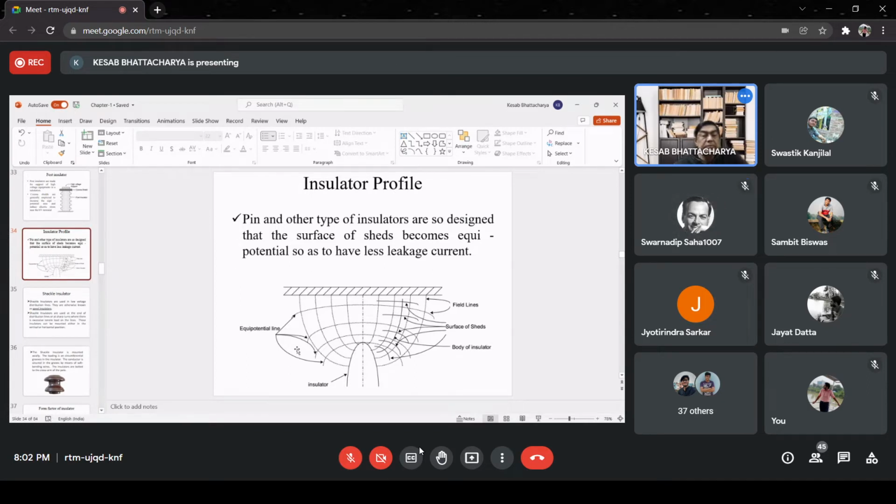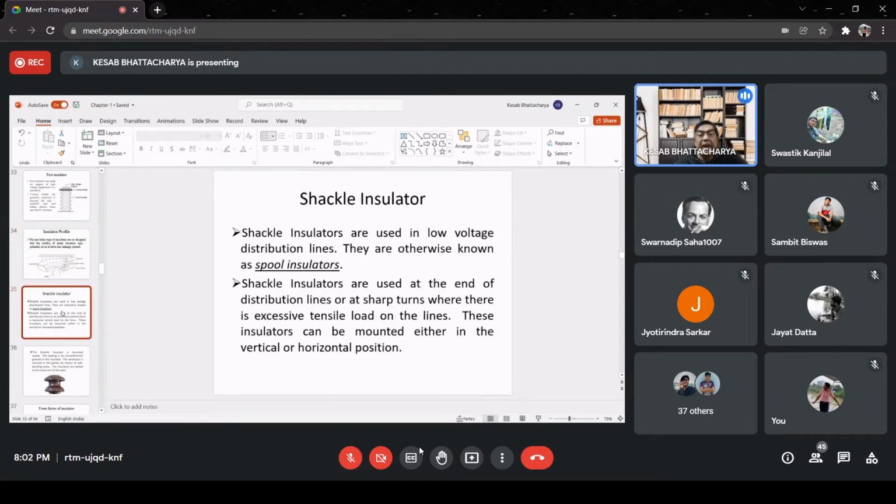Yes, sir. Okay, next is Sacral type of insulator. Sacral insulators are very commonly used in low voltage systems or distribution lines. They serve the same purpose as pin insulators in the case of HT lines. These insulators are also known as spool insulators.